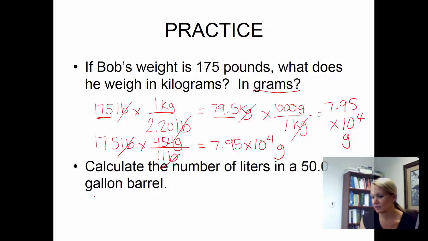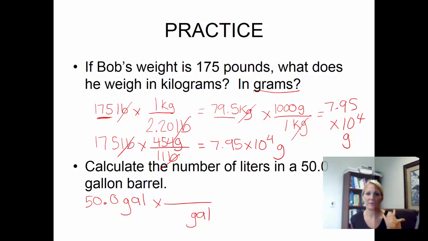All right, now let's do a volume unit conversion. First thing I do for anything, I write out 50.0, don't shortchange your sig figs, write it exactly, gallons, and then I do that.